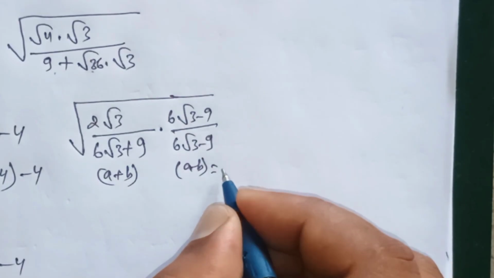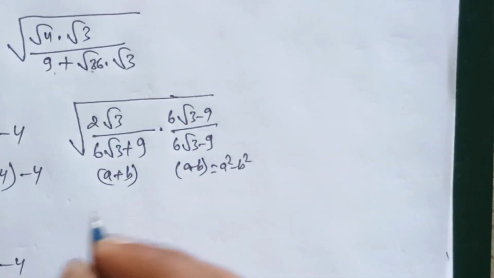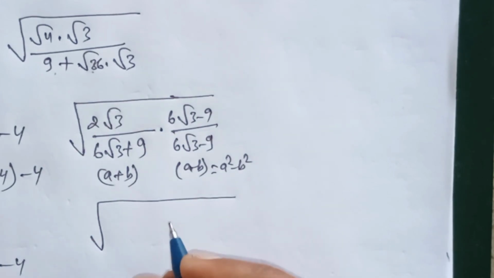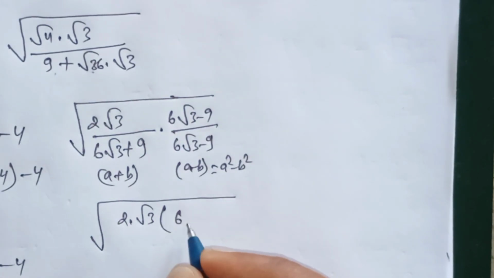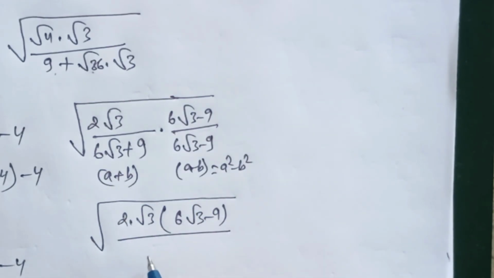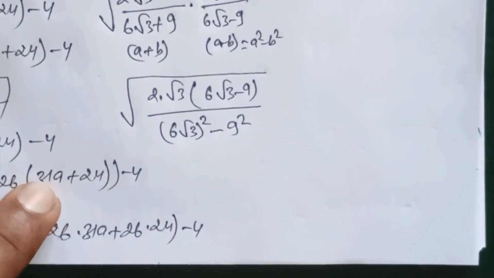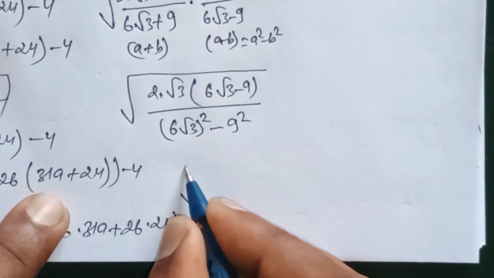This value will be a square minus b square, so that root under 2 into root 3 into 6 into root 3 minus 9 divided by 6 into root 3 whole square minus 9 square.